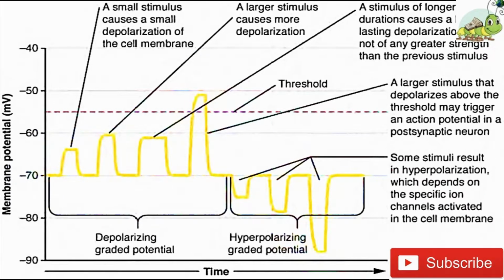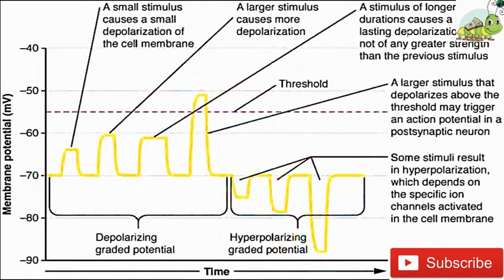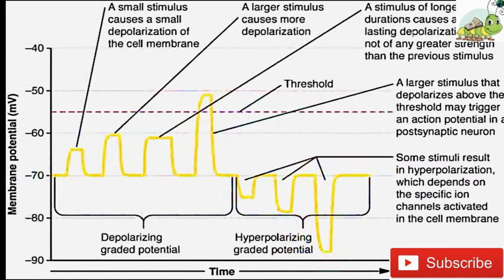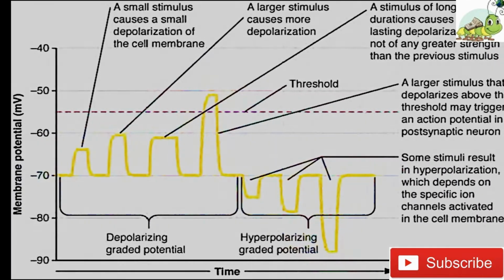Hyperpolarizing graded potentials can be caused by potassium leaving the cell or chloride entering the cell. If a positive charge moves out of a cell, the cell becomes more negative. If a negative charge enters the cell, the same thing happens.